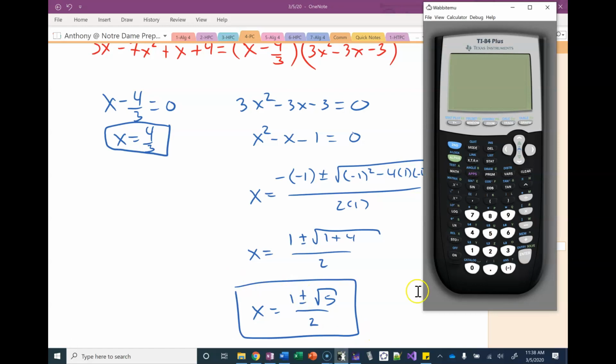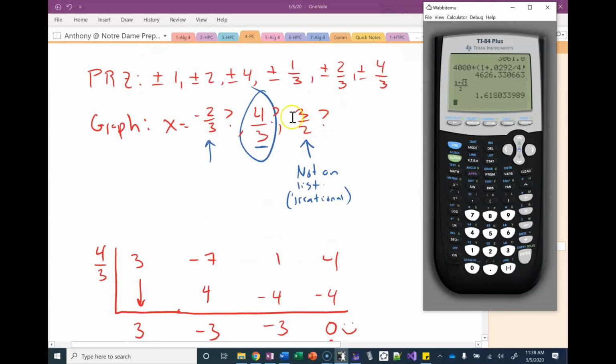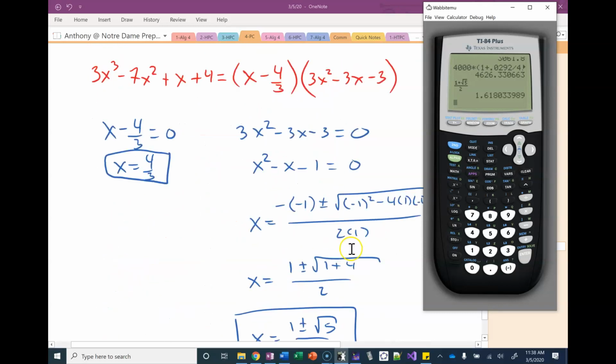Coincidentally, if I get a decimal approximation of those two solutions, 1 plus the square root of 5 over 2 is about 1.6. That looks like this guy, right? That's just about the same thing as what we thought there.